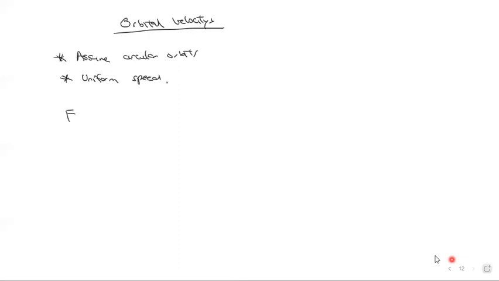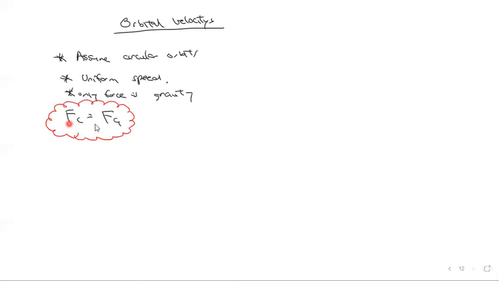As discussed, very importantly for orbital velocity, we assume circular orbits. We assume, therefore, uniform speed. That lets us say, and of course, the only force is gravity, that lets us go with Fc equals Fg, which you might recall is mv squared over r equals G m1 m2 over r squared.